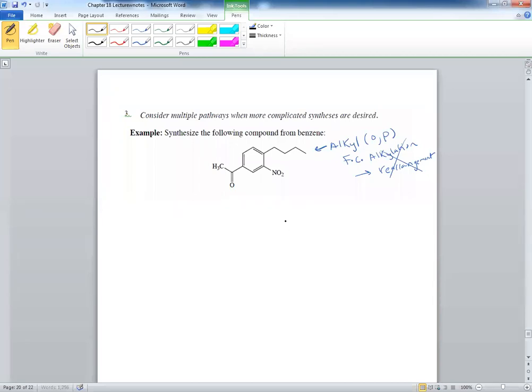So let's begin. Remember, we already discussed why you shouldn't start with the nitro group. It deactivates the ring. We already said Friedel-Crafts alkylation causes rearrangement, so you can't add that. So all of these should be taken into account. So let's start by doing the following.